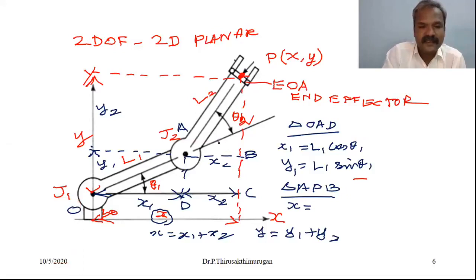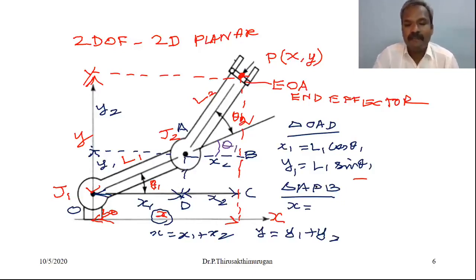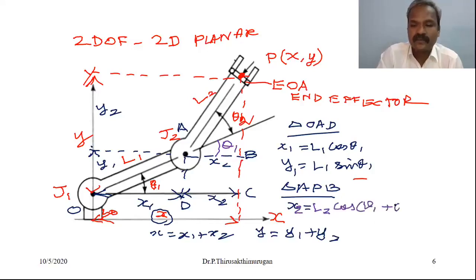These are similar triangles. If this is theta 1, this is also theta 1. So in triangle APB, x2 equals L2 cos of theta 1 plus theta 2. Similarly, y2 equals L2 into sine of theta 1 plus theta 2.